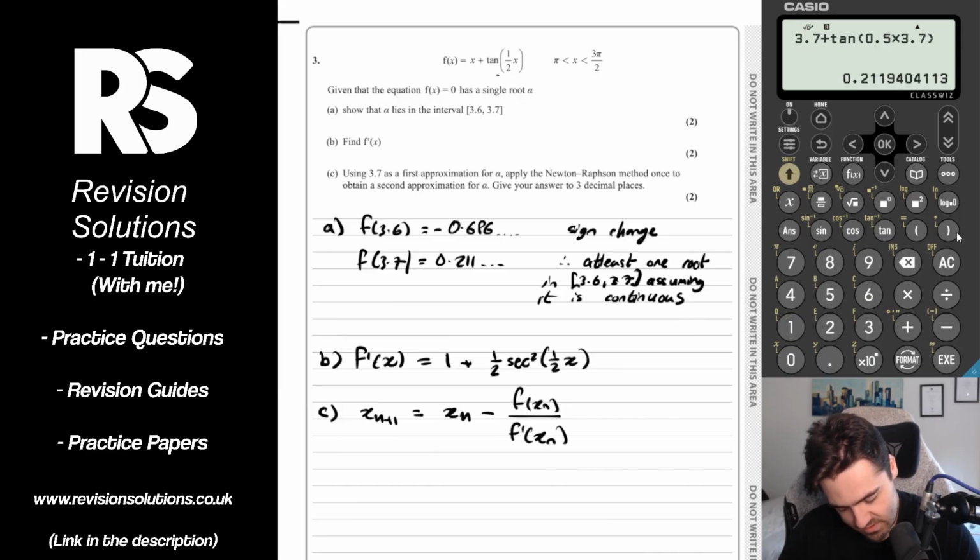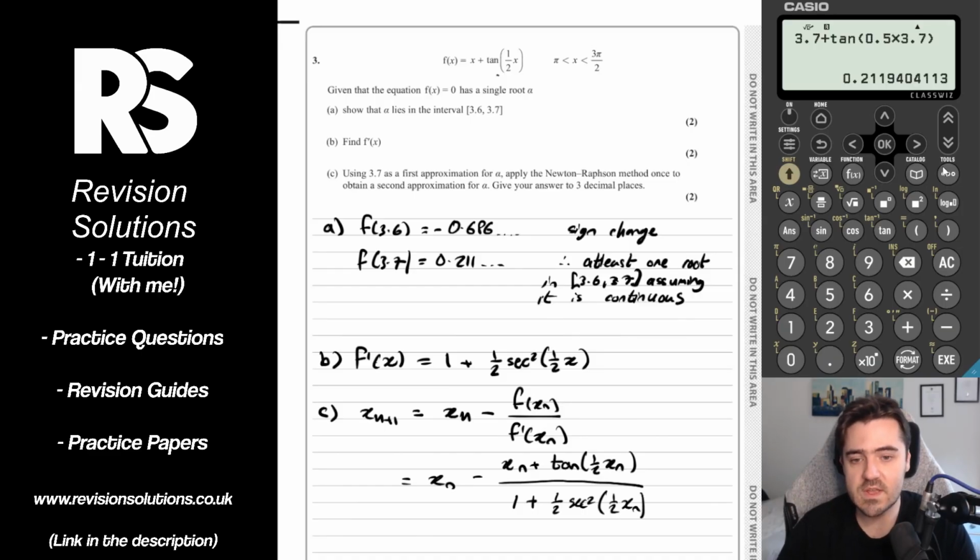So just writing that out properly, that's xn minus our function, which is xn plus tan of a half xn, all over 1 plus a half sec squared of a half xn.